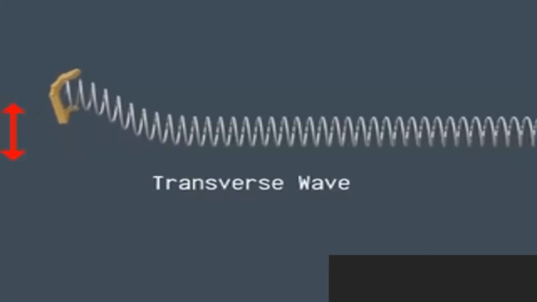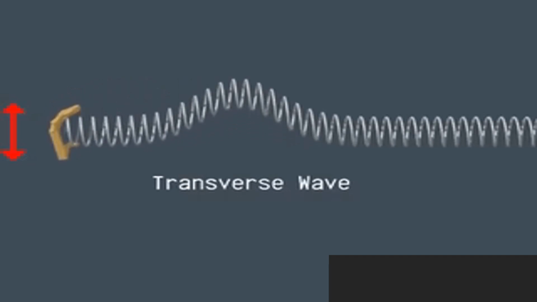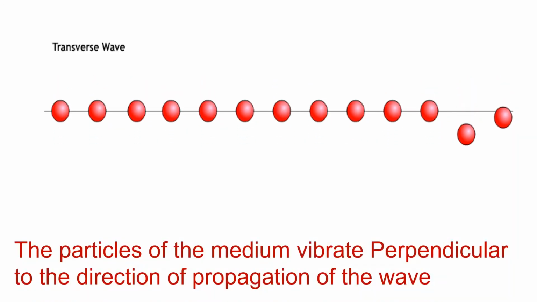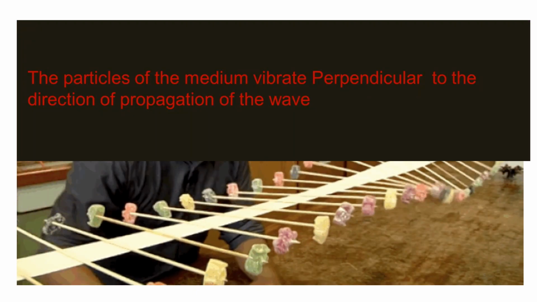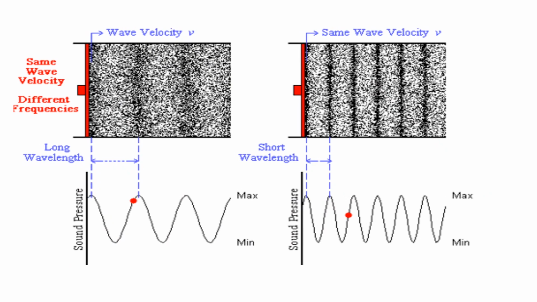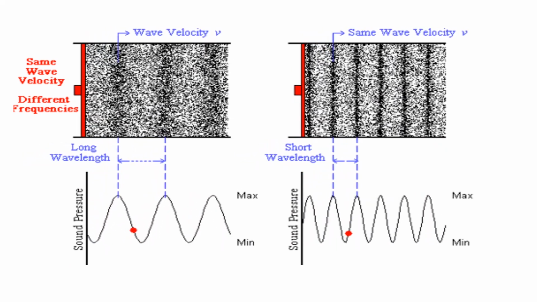Here we can observe, whereas in the case of a transverse wave, the particles of the medium vibrate perpendicular to the direction of propagation of the wave. See here the direction of the particle motion and the wave motion.